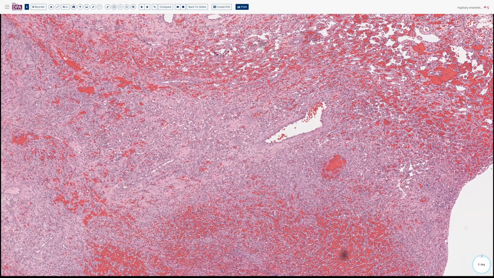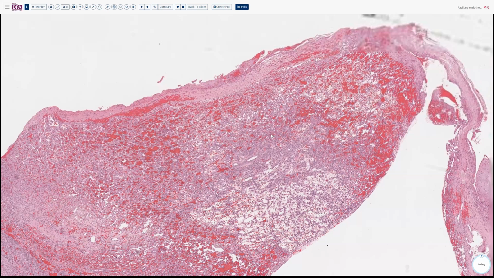Now, some people have used the term intravascular capillary hemangioma for this, but I don't think that's quite as good a term as just the papillary endothelial hyperplasia term.